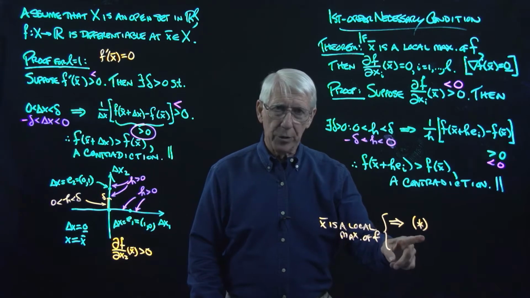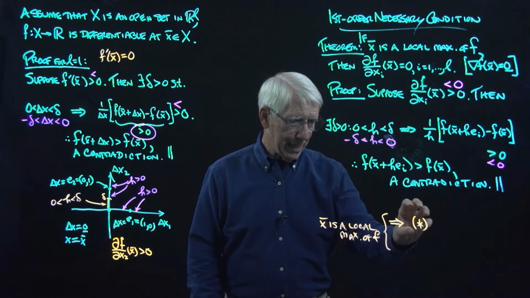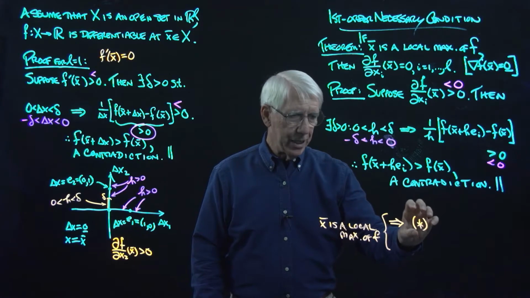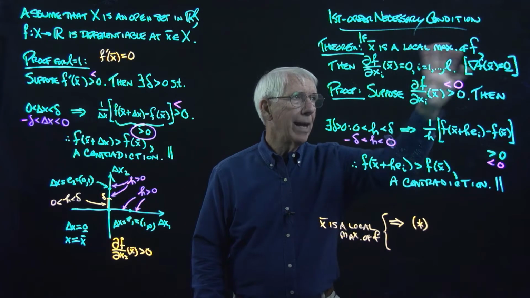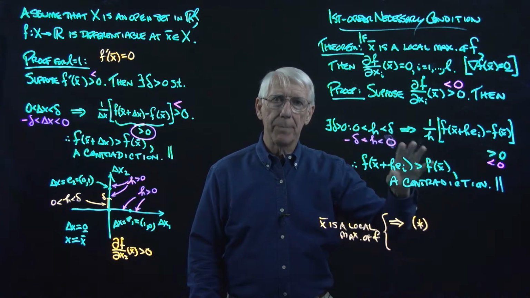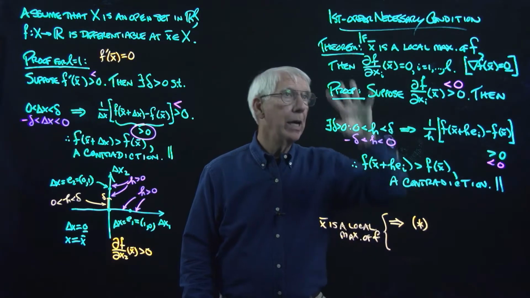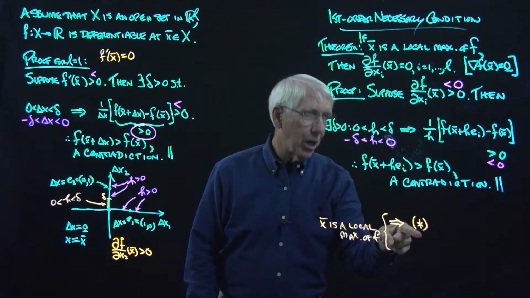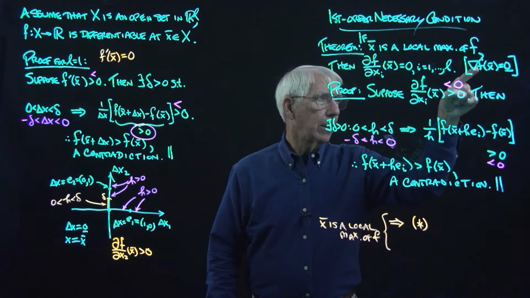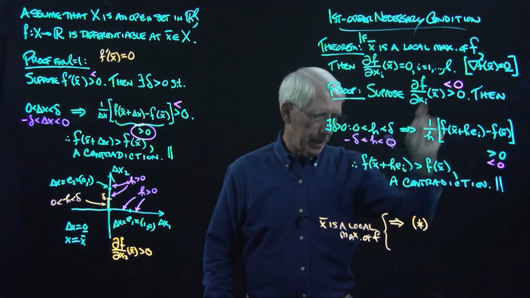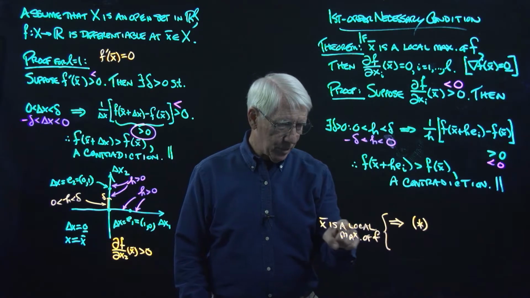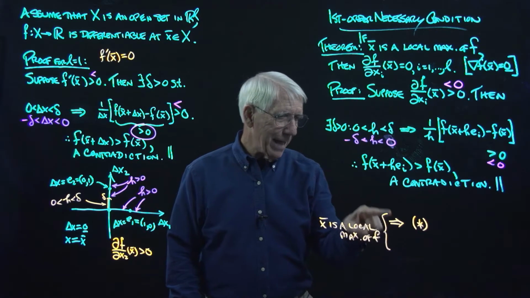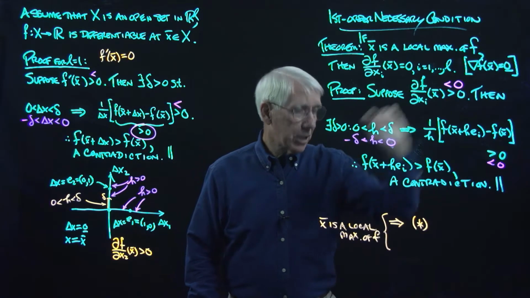That asterisk or star is my surrogate notation for whatever condition we're going to end up using or talking about. So in this theorem, that star stands for gradient of f at x bar is the zero vector. And so if x bar is a local maximum of f, that implies this condition.